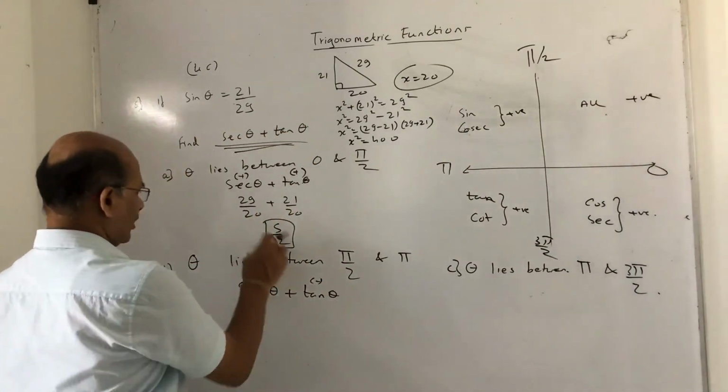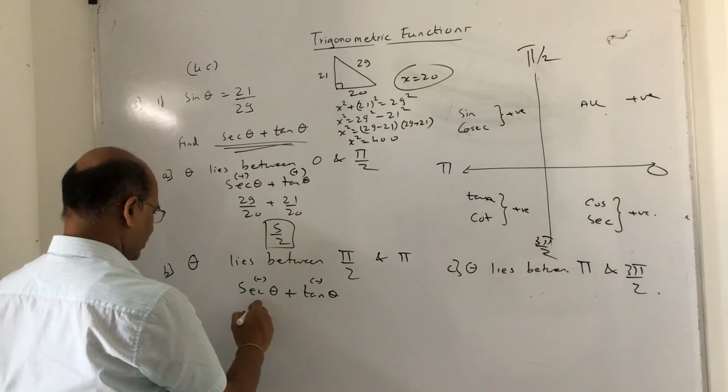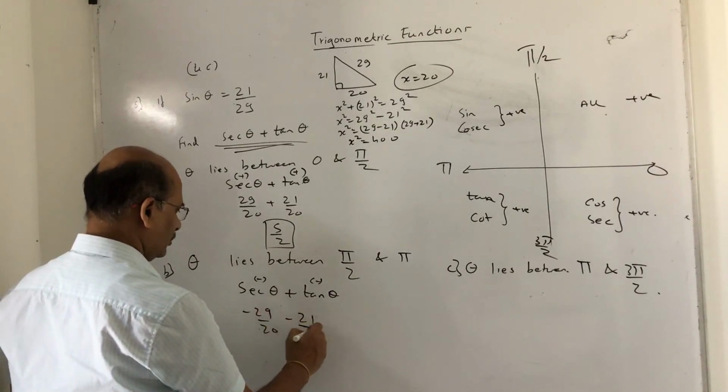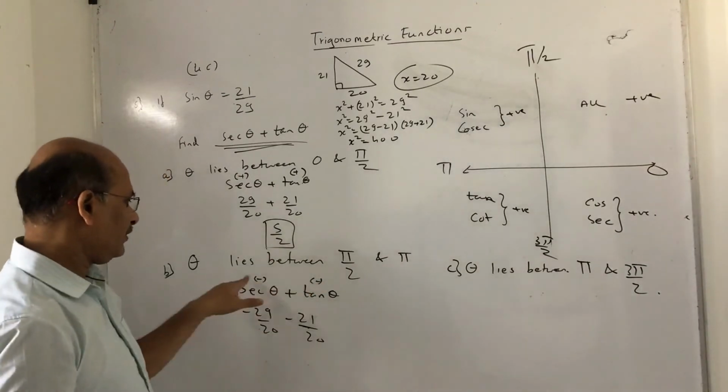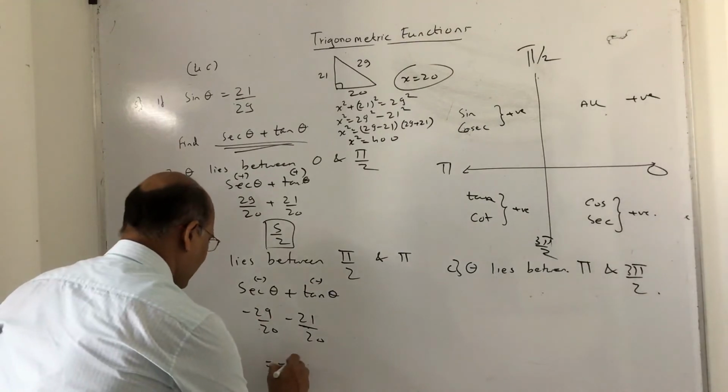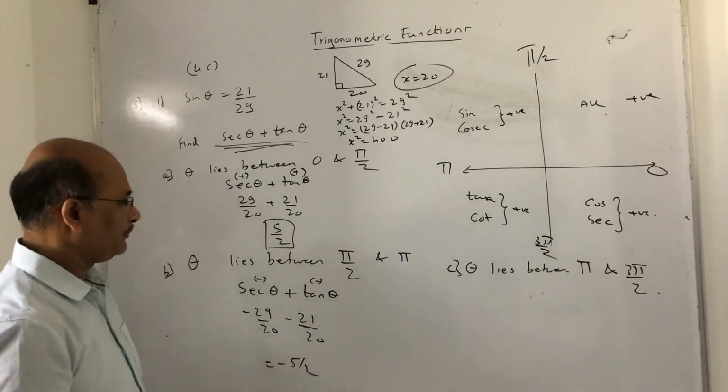So sec theta remains as it is but with a minus sign: minus 29 upon 20, minus 21 upon 20, because both have minus signs. So once you do it, minus 50 upon 20, so the answer is nothing but minus 5 upon 2.